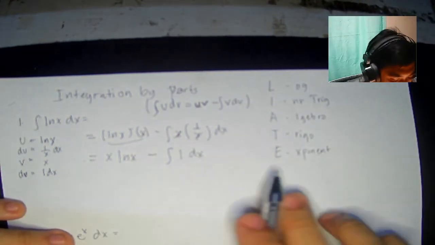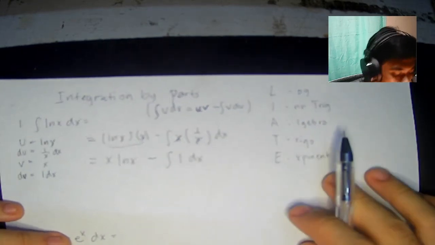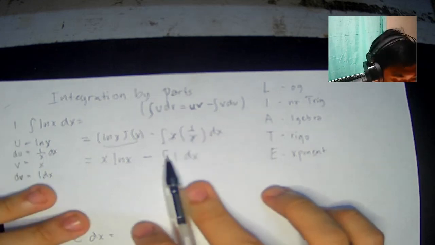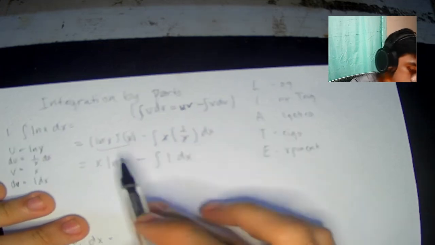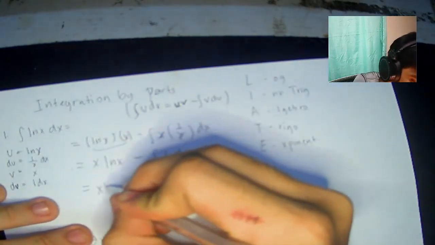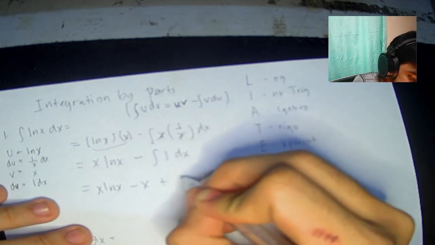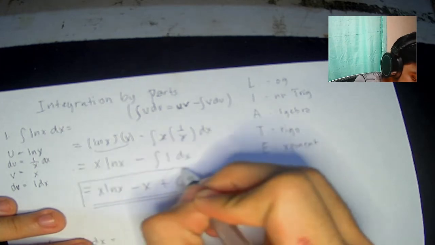Right here, we don't have any function to differentiate, so we can simply put negative x. So x ln x minus x plus c, which is our constant. This is our final answer.